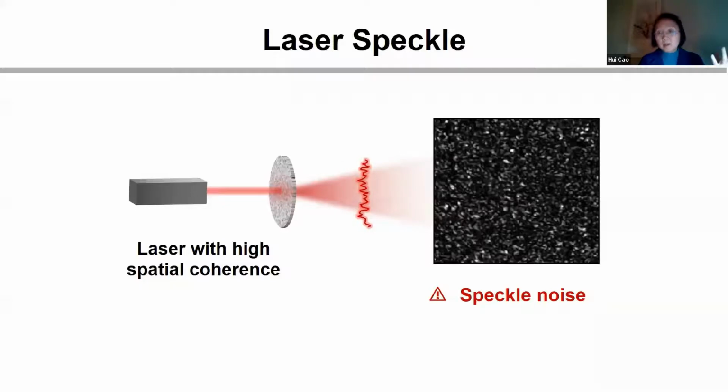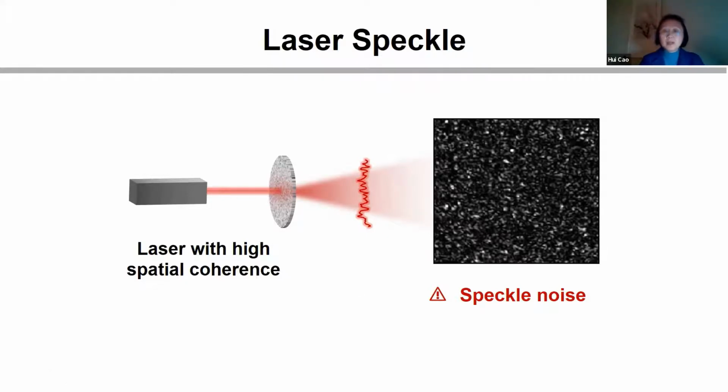In the first part of my talk, I showed you that we can use speckle to make a spectrometer. But in the second part of my talk, I'll try to show you that we want to suppress it. We want to get rid of it. And we can use disorder to get rid of it. You say, well, that's strange. How can we use disorder to get rid of it?